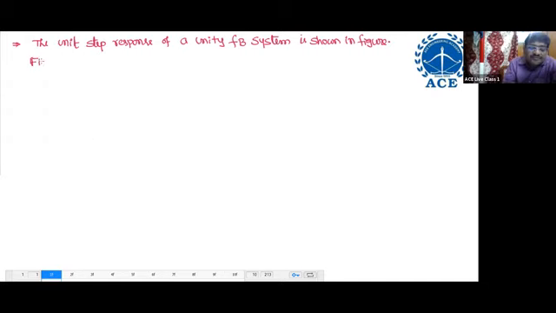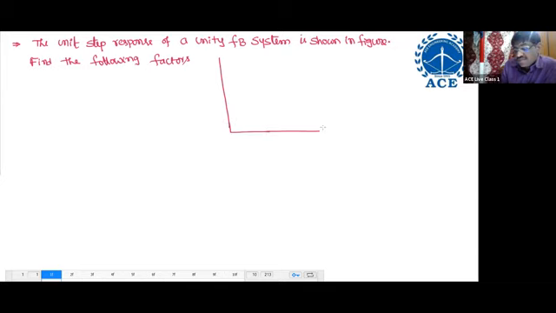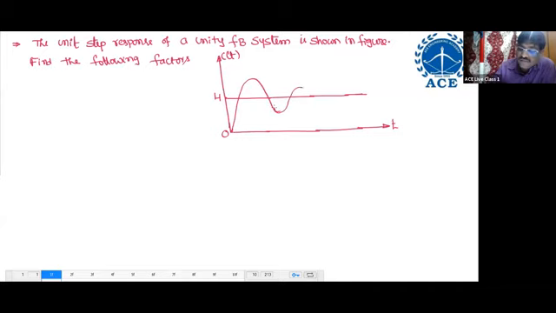Find the following factors. You also draw it and try to solve it. 1 second.